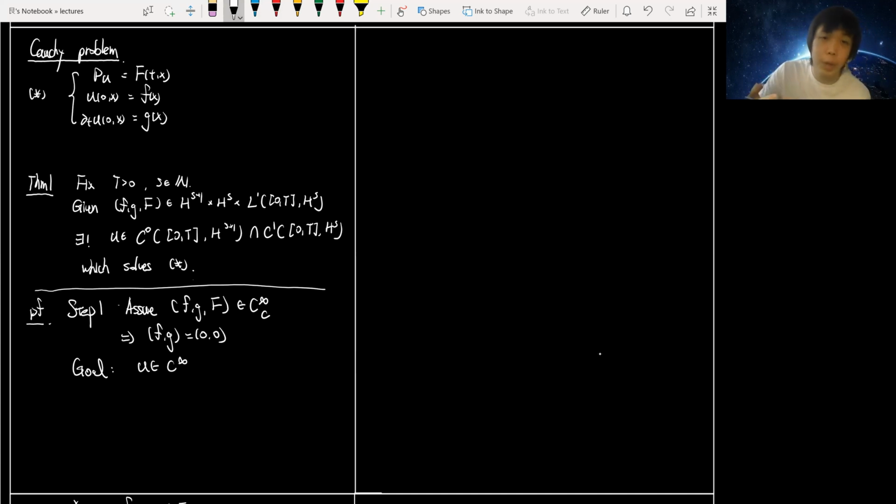So the weak solution is defined by the integral equality. So let's write down the corresponding functional. Define LF. And first define the linear space.